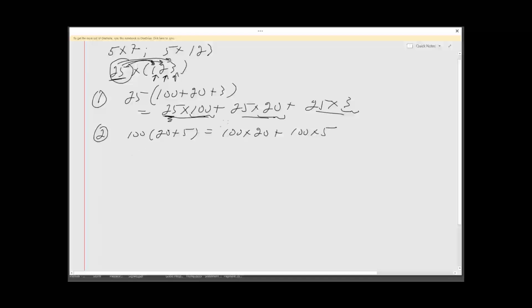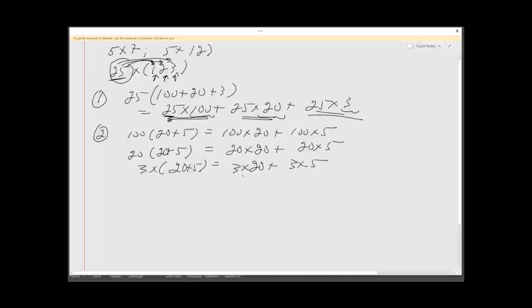Then this one is 20 times 20 plus 5, that's 20 times 20 plus 20 times 5. And finally, we're looking at this guy. This is going to be 3 times 20 plus 5, so this is 3 times 20 plus 3 times 5.